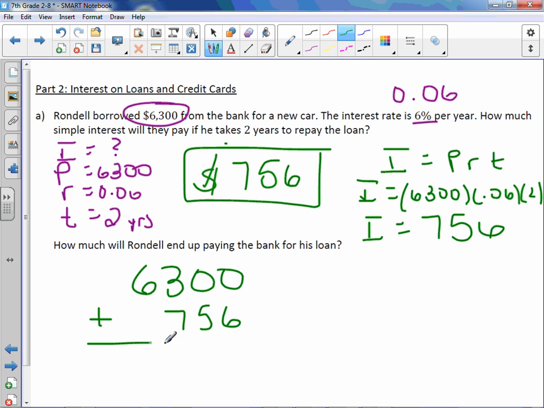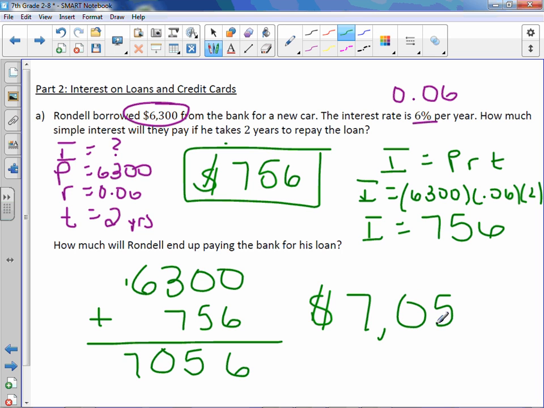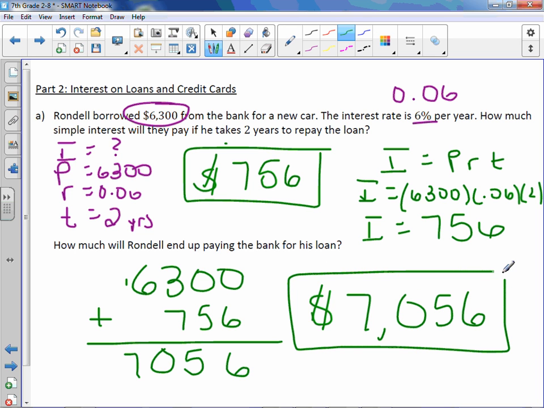So to find out what he's actually paying, we need to add the two amounts together. So he is actually paying $7,056 for that car. So a car that costs $6,300 in these circumstances costs $7,056.